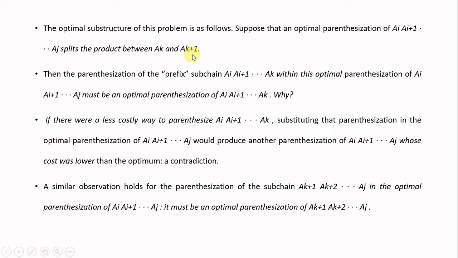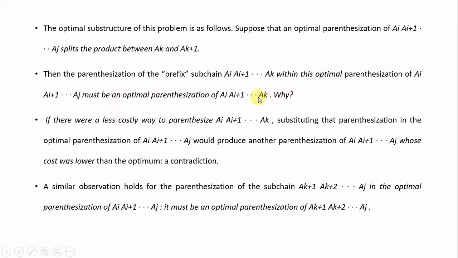Clear? That is our usual assumption. So we are splitting this at k. Then the parenthesization of the prefix subchain Ai+1 to Ak within this optimal parenthesization of Ai+1 to Aj must be an optimal parenthesization of Ai+1 to Ak.